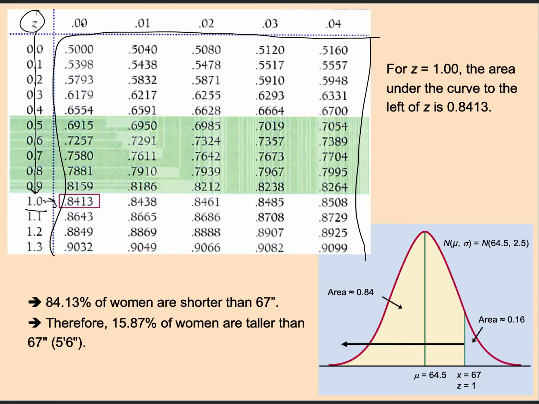That's why you look at the first column, which represents the 0th second decimal value, or the next two decimal values. That corresponds to 0.84, and that's how you know that the area is 0.84, or in terms of percentage, 84.13 if you're representing the proportion.